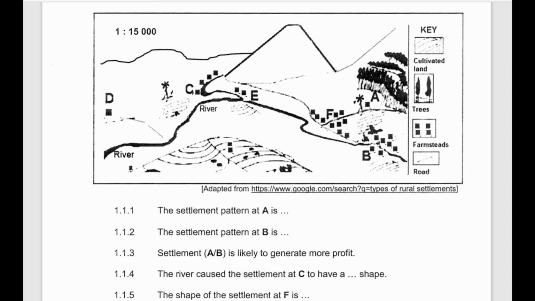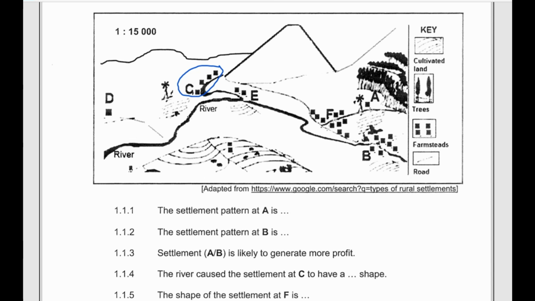Right, if we try to analyze the first settlement that we are seeing, which is settlement C, I think you can see where settlement C is. If you analyze settlement C in terms of its shape, you can see that the farmsteads are located in some linear form along the river.